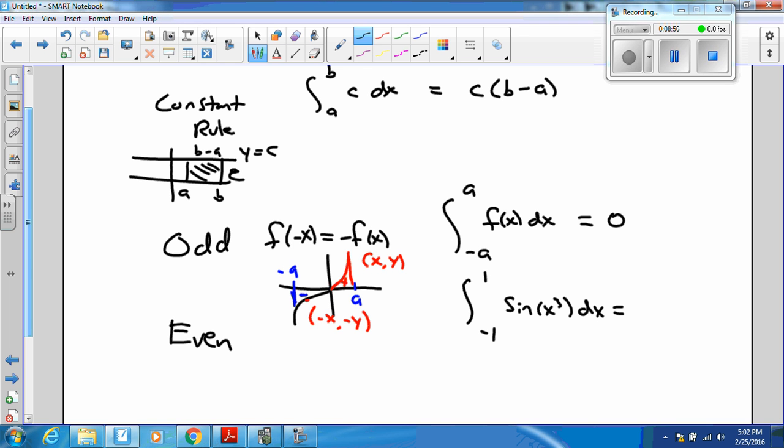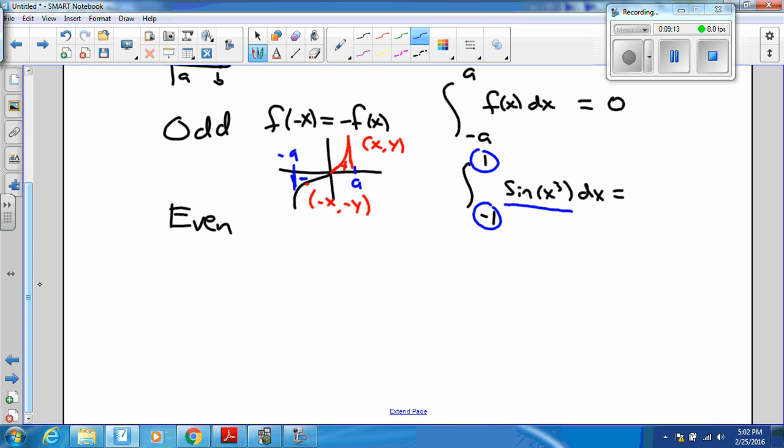Pay close attention to the fact that we are integrating at matching points from negative a to a. And pay close attention to the fact that both x cubed, the inside function, and sine of x, the outside function, are both odd. So let's do a quick check to see whether or not we are integrating an odd function by plugging in negative x to the integrand.